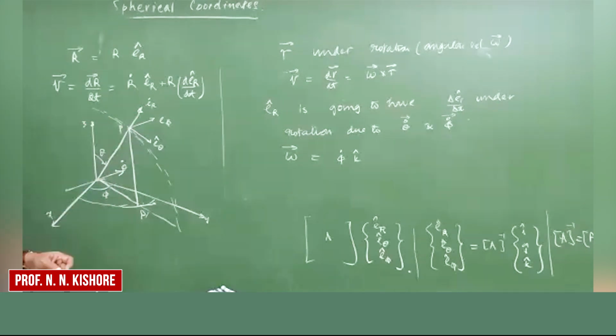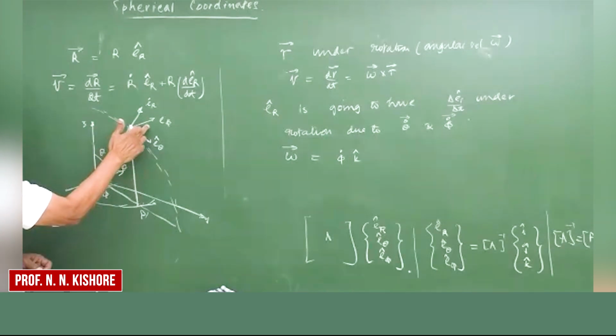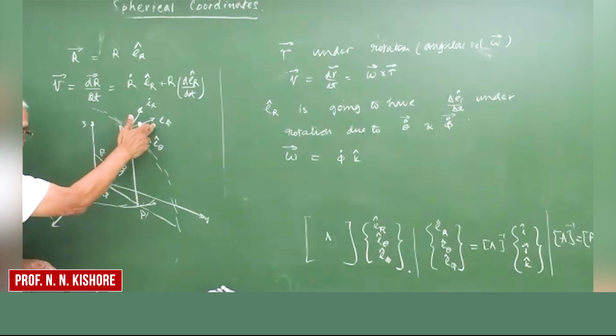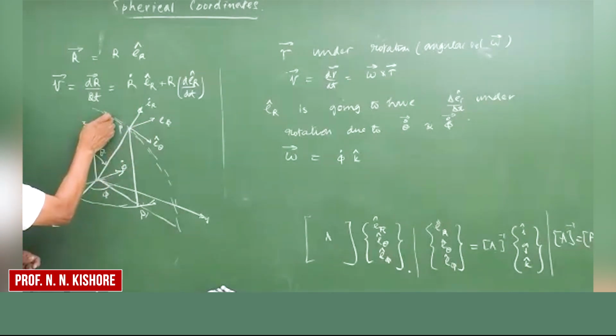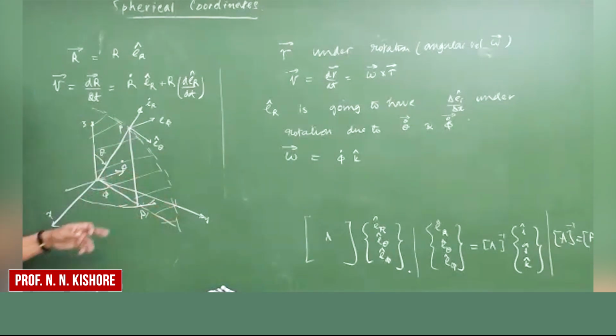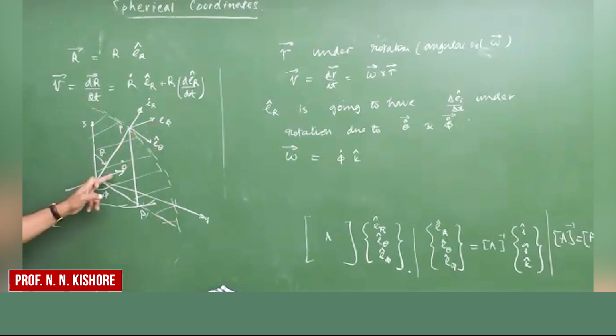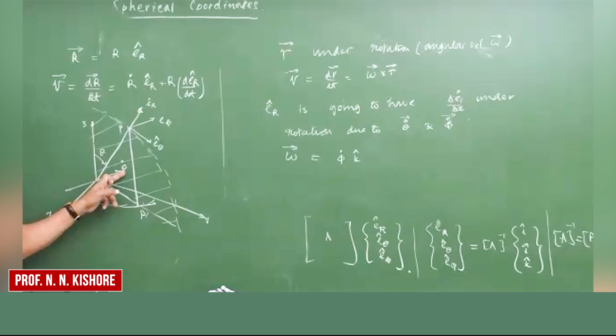And can you say what it will be? It is going to be in the direction of e phi. e phi is a unit vector perpendicular to this plane. So you have a plane here to which e phi is exactly perpendicular. That is the direction in which theta dot will be.